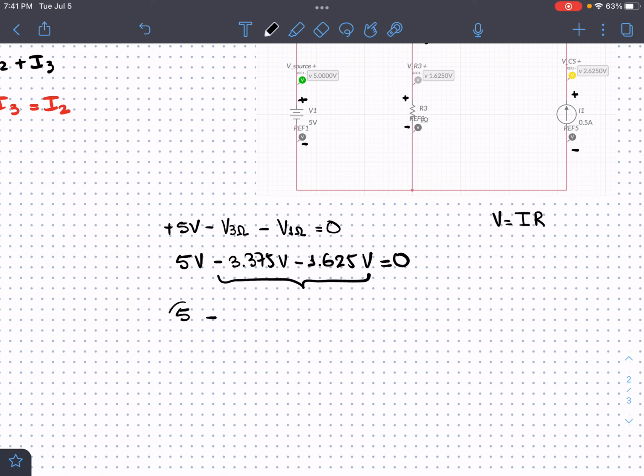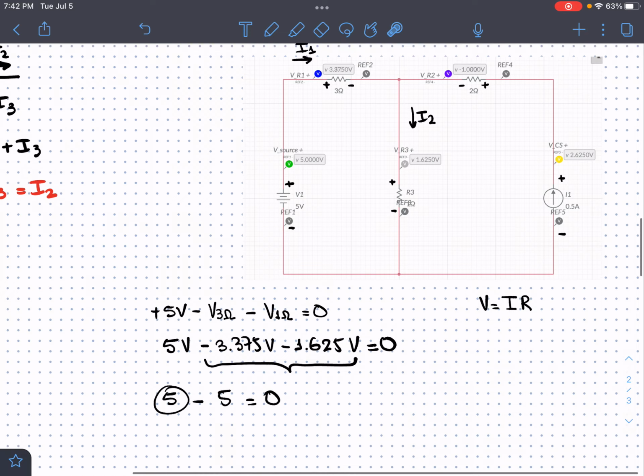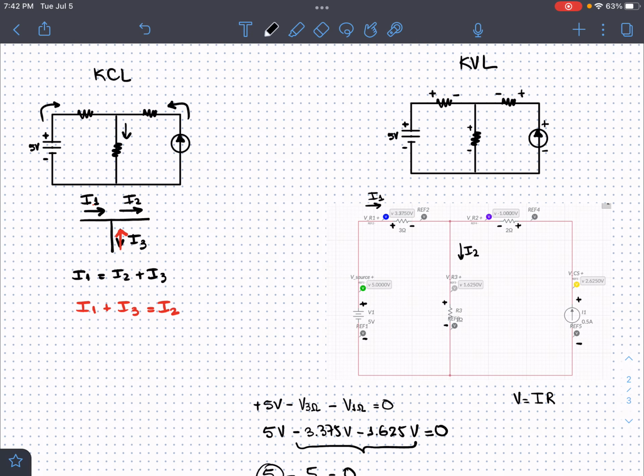So this is going to be 5 minus 5 equals 0. And we see that Kirchhoff's voltage law complies here. It occurs. We can prove it. And that's how we see Kirchhoff's voltage law in action.